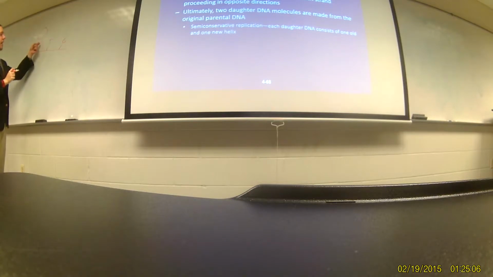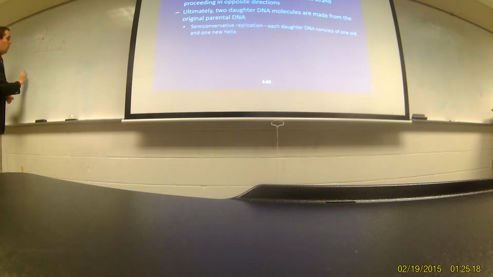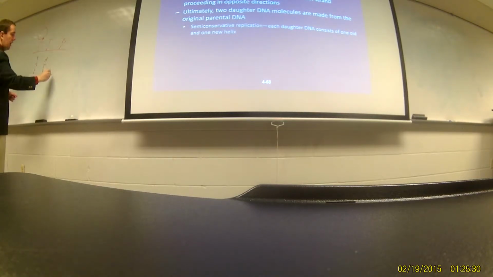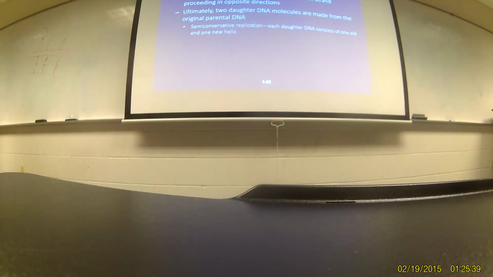It's going to see an A, and it's going to put in a nucleotide here that is complementary to A. What always pairs with an A? It's a T. And so what we're going to end up with is an A and then a T. And then it's going to move on to the T. What's it going to put with a T? A, and then it'll move to a G, C, and then these are all going to be attached. So now we have a double strand.